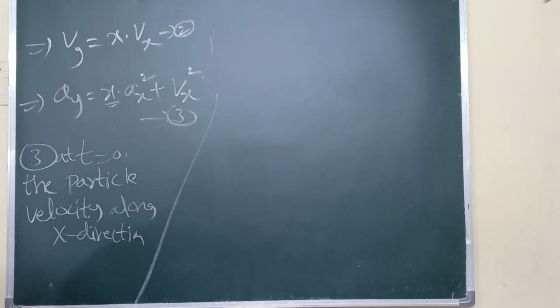So that is given. Now you go to question number C. What is the velocity in x direction? 1 meter per second. That is the value. Now you go to C. Velocity condition you take.